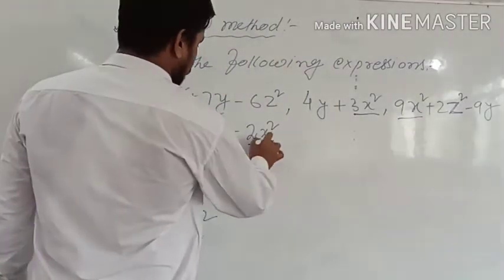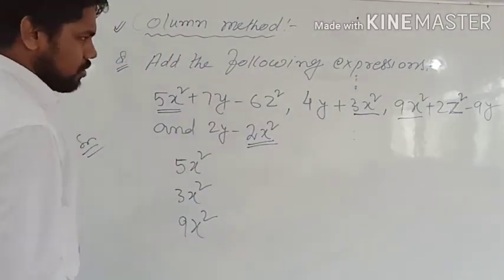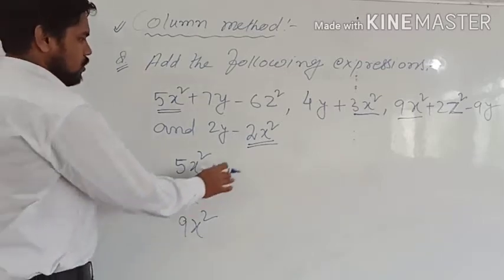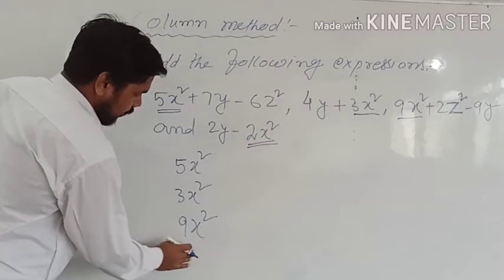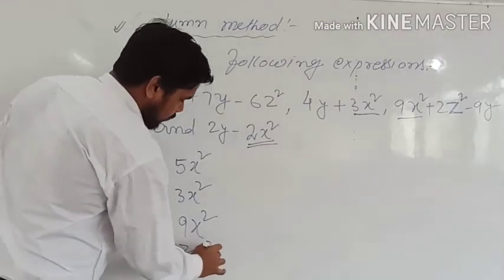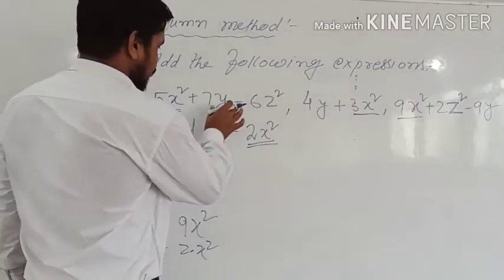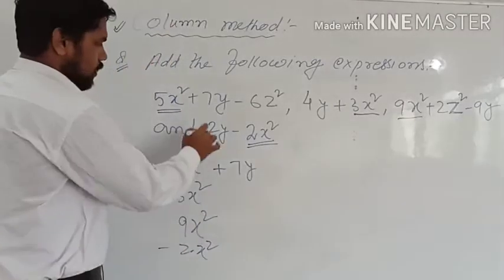Then here we have minus 2x square. So if negative sign is also there, then you have to keep in mind negative sign, अगर रहता है तो negative में लिखना है, ठीक है? So this is minus 2x square. Now the next term we will see, which is y. So here plus 7y. Okay, this is done.